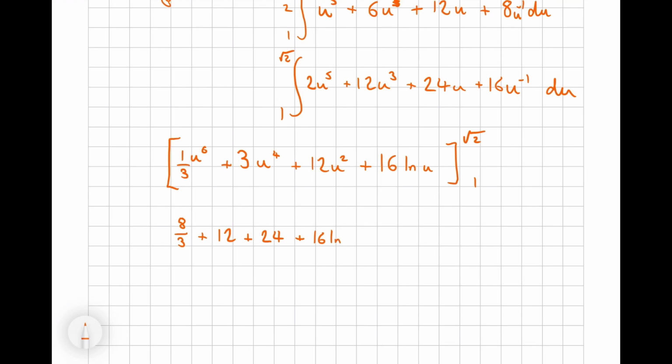And if you think of root 2 as 2 to the power half, that will come in handy later when we're using our rules of logs. And that's all subtract. Substituting 1 is much nicer. That's 1/3 plus 3 plus 12, and then 16 ln 1, of course, anything to the power 0 is equal to 1, so that's equal to 0.